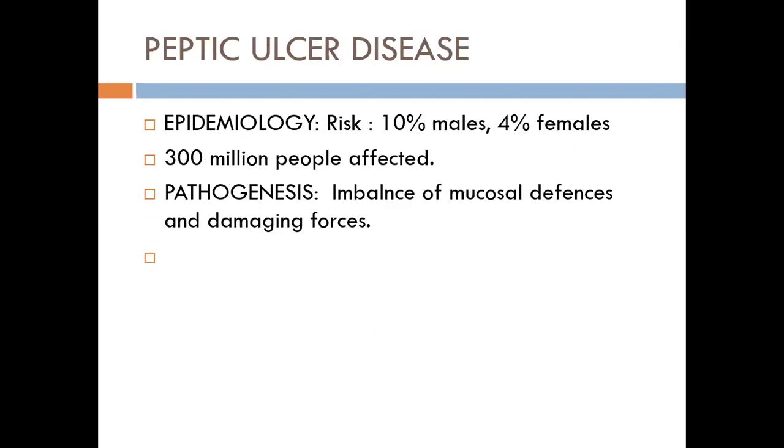So peptic ulcer disease: the risk is 10% in males and 4% in females. About 3 million people are affected annually, and the pathogenesis of peptic ulcer disease is an imbalance of mucosal defense mechanisms and damaging forces.